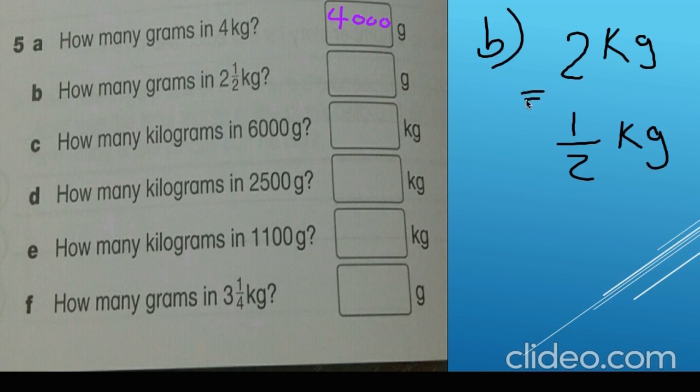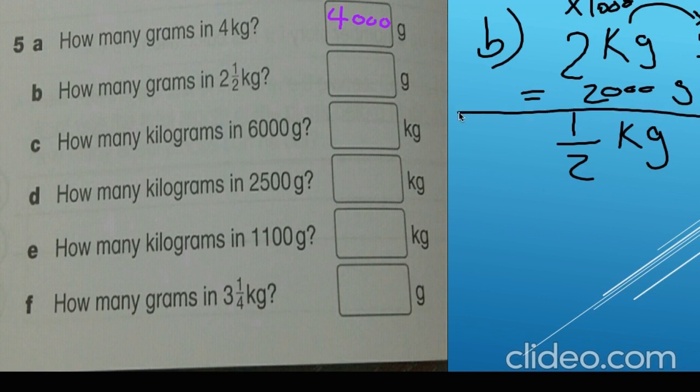It will equal what? What we will do? From kilo to grams, from the big to the small, I will multiply by 1,000. So the answer will be 2,000 grams. Good. Now, let's remember this one. I told you before that half kilograms equal 500 grams.